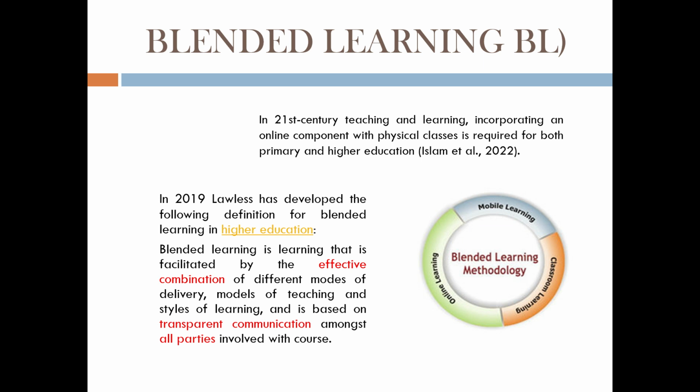Lawless, in 2019, developed the following definition: blended learning is learning that's facilitated by the effective combination of different modes of delivery, models of teaching, and styles of learning, and it is based on transparent communication amongst all parties involved within the course.